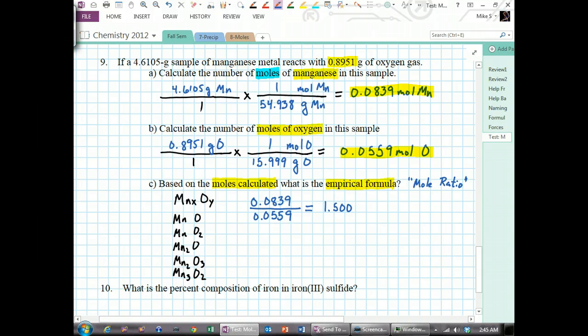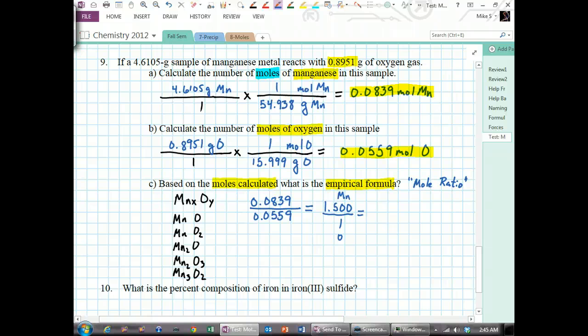Well, this is 1.5. Think of this as 1.5 over 1. Now, I want to make this a ratio, and remember that the 1.5 represented the manganese and the 1 represents the oxygen. So I want to make this number or ratio a whole number.